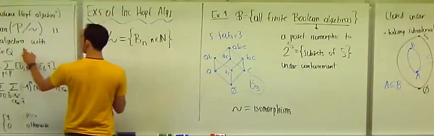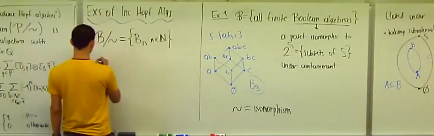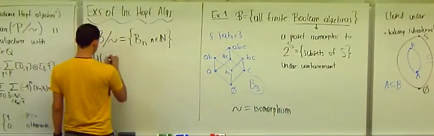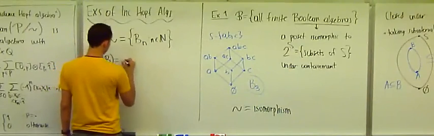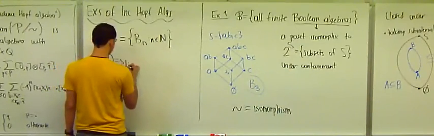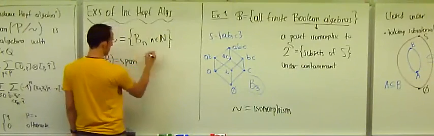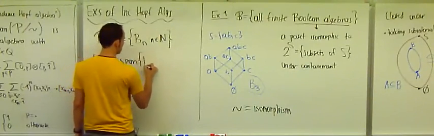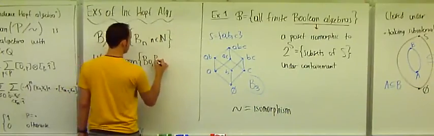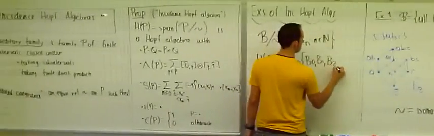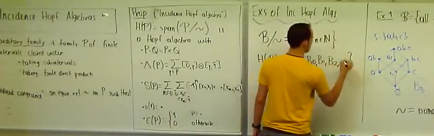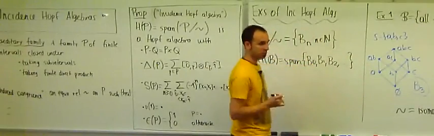And so H of B is, at least as a vector space, the span of these things. So it's the span of B0, B1, B2, etc. It's a vector space.